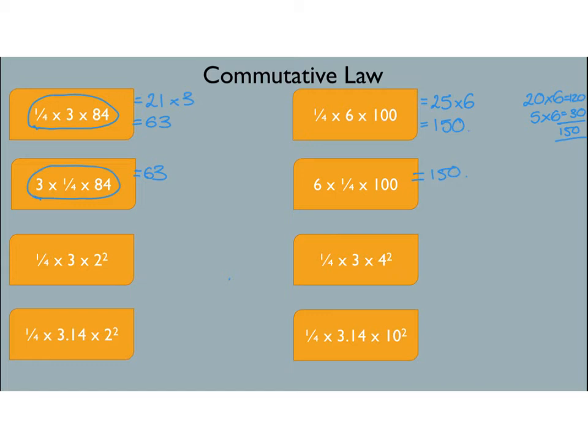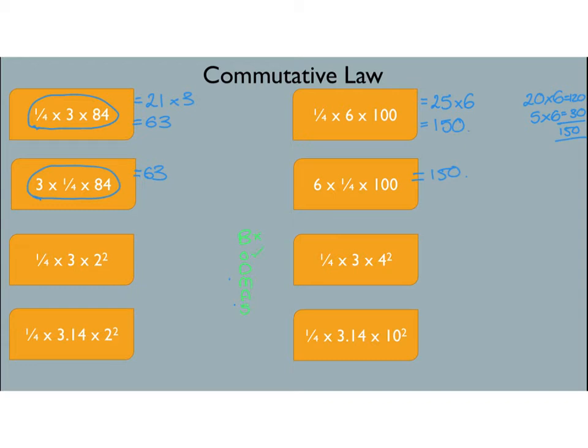Okay, so that takes me on to the next row of questions. What do we have here? A quarter of 3 times 2 squared. Oh, right. So we've got more than just multiplying this time. This means that I now need to think about using BODMAS. We don't have any brackets.